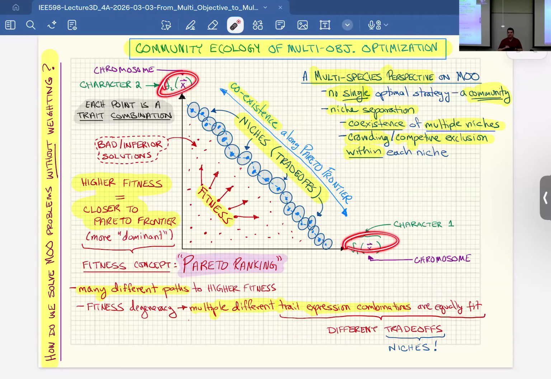And what we would like to reproduce is this idea that reproductive success is a generic movement toward the Pareto frontier, as opposed to in the older ways that you did multi-objective optimization, you just agreed to a random weighting.